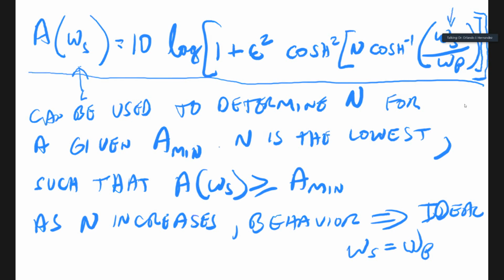So now that we have n and epsilon, we can use those parameters to find the location and assign the poles of the filter. We're going to have as many poles as n. So a given pole, p sub k, is going to be given by all parameters that we know.